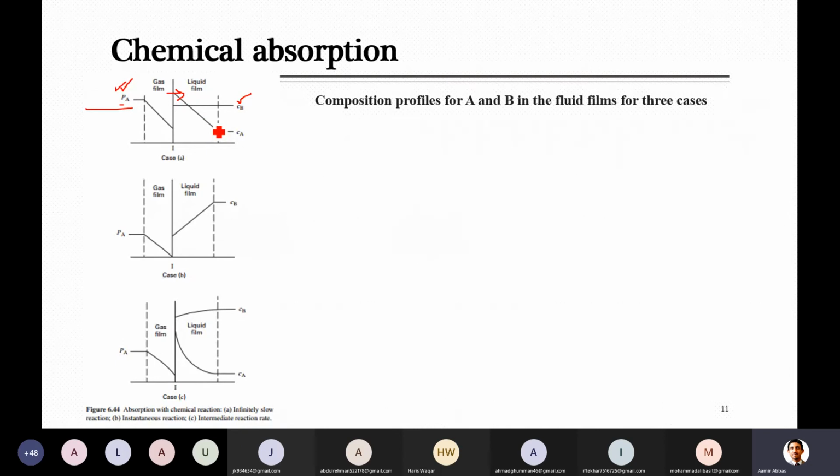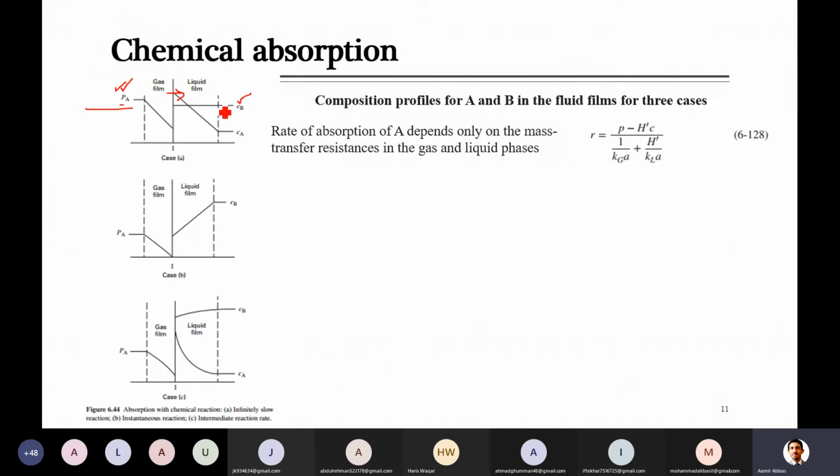So in these kinds of systems, you can see that the rate of absorption of A depends mainly on the mass transfer resistances, because we said the reaction is very slow, and if something is transferred from the gaseous stream to the liquid stream, it will only depend on the mass transfer resistances inside these films. Earlier we studied rate equations, and they were only for the physical system.